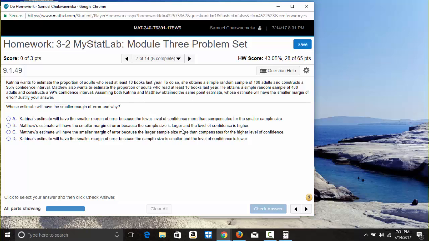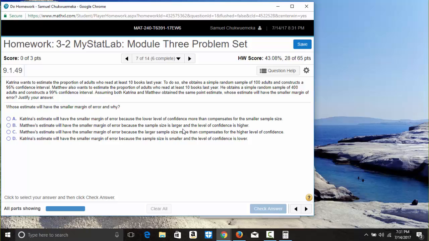Okay. Question 7. Katrina wants to estimate the proportion of adults who read at least 10 books last year. To do so, she obtains a simple random sample of 100 adults and constructs a 95% confidence interval.